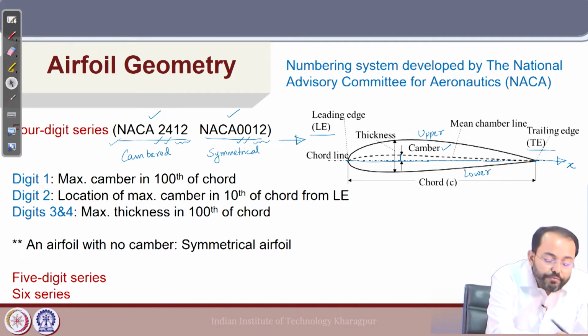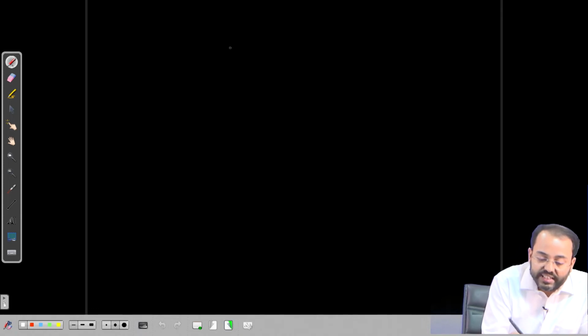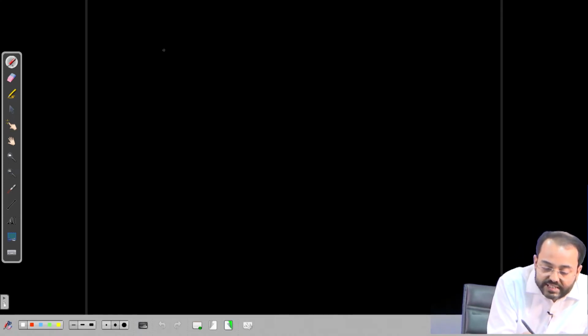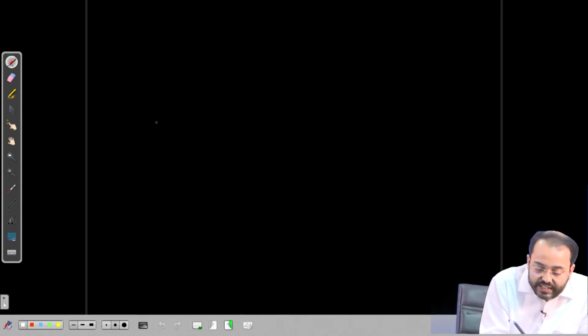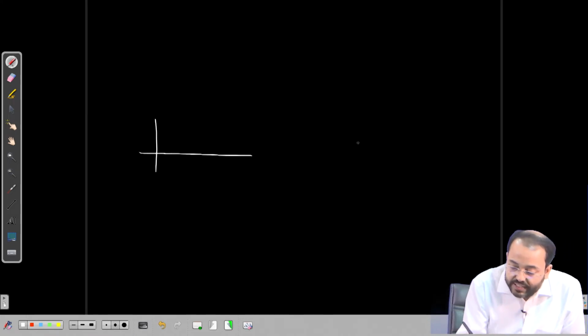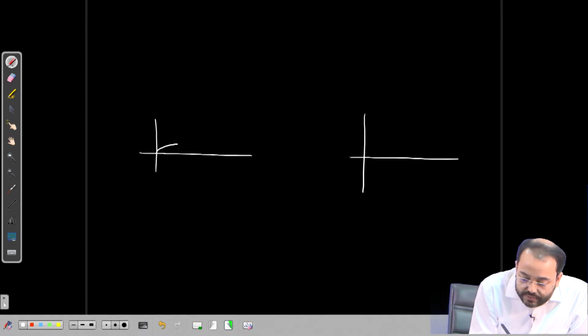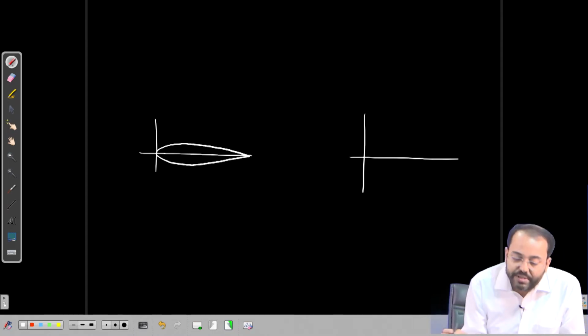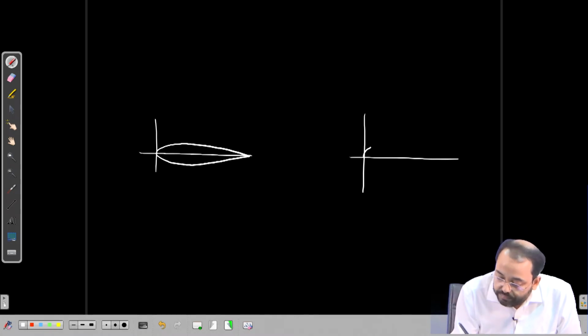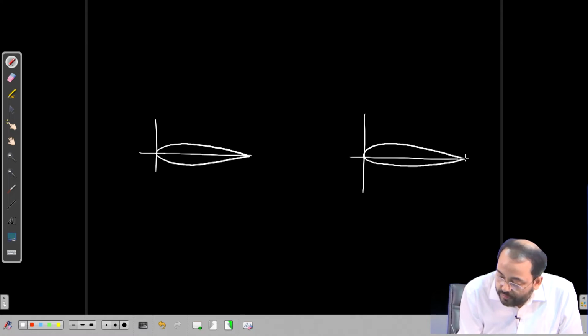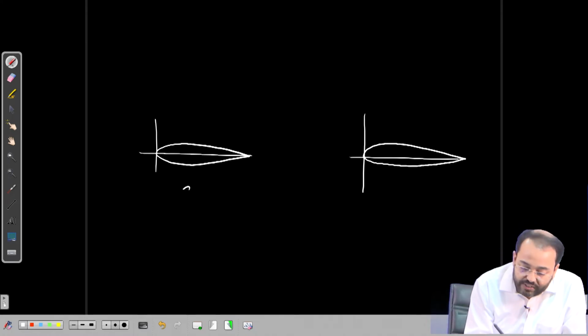If we look at the lift characteristics, let us say we have a symmetric foil and a cambered foil.